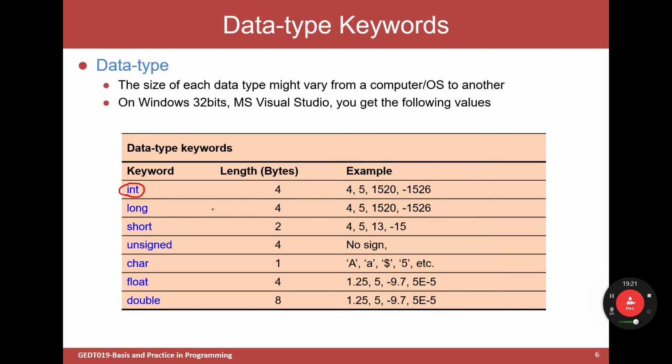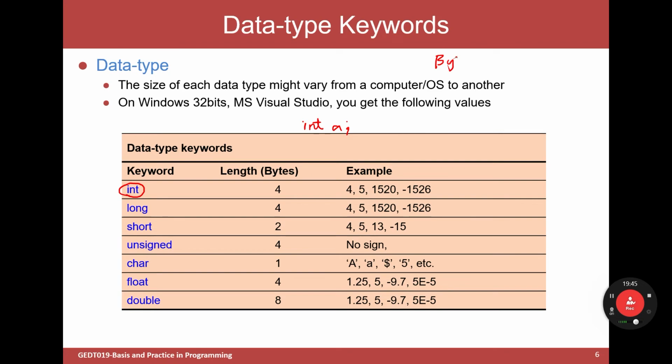And usually for an integer, if you define some variable, for example, if you say integer a, that means I define some storage a, and this a takes some numbers, integer. So in this case, this storage will take around 4 bytes in your computer memory. So what is a byte?